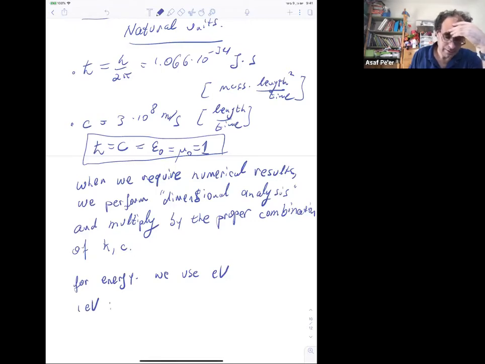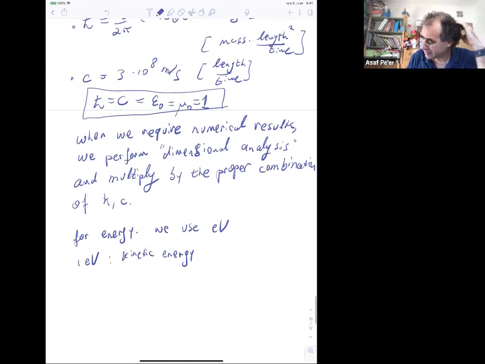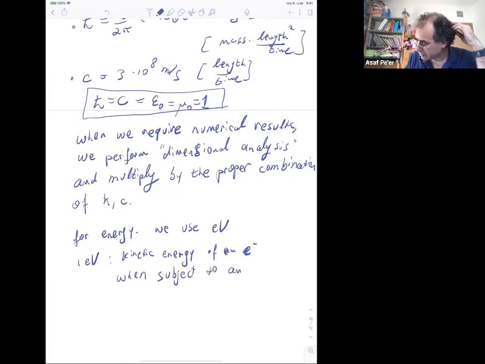This is the kinetic energy, basically, of a particle with an electric mass and charge, so of an electron when subject to an electric potential of 1 volt.